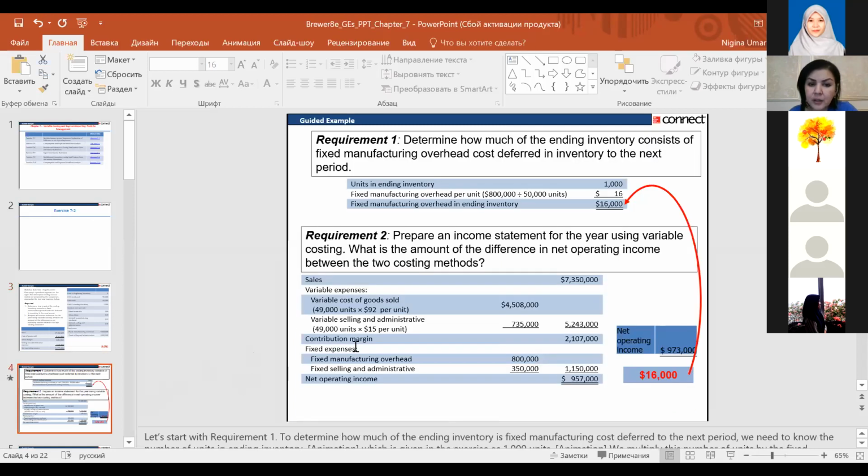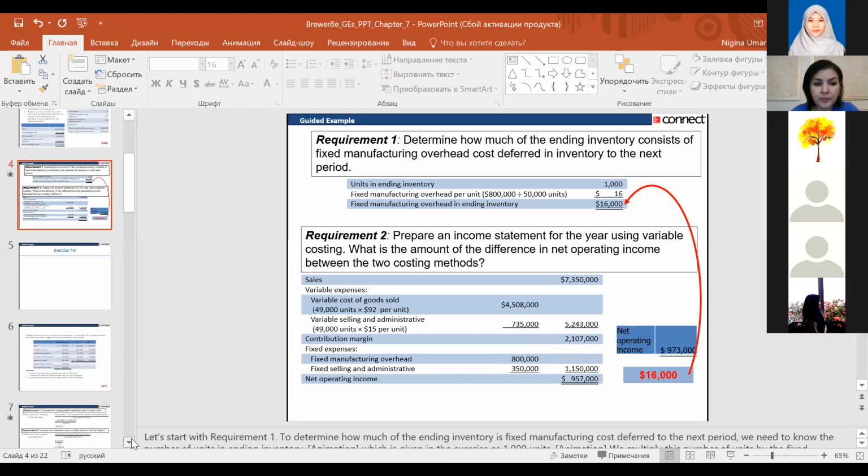But on the variable costing system, the total amount of fixed manufacturing overhead is subtracted from the gross contribution margin. And that's why the amount of net operating income is lower than on the absorption.